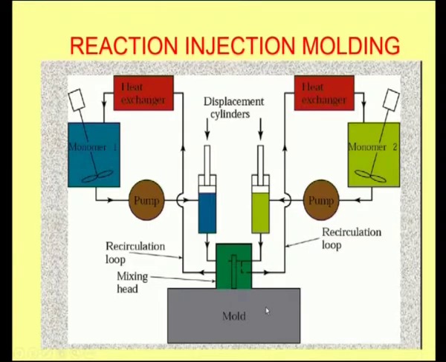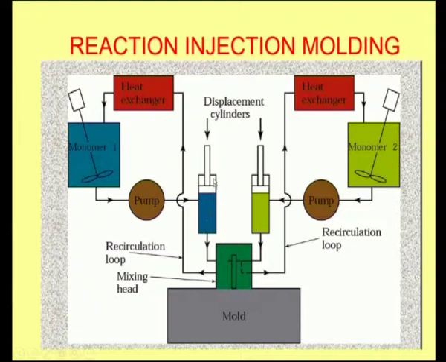So, this is a typical scheme representing a reaction injection molding. Here I will have two well agitated tanks, in which you will have monomer 1 and the other one is monomer 2, and then you have a pump to control the flow rate of these, and then you do have heat exchangers to maintain the correct temperature either during the mixing operation or when it is injected into the mold.